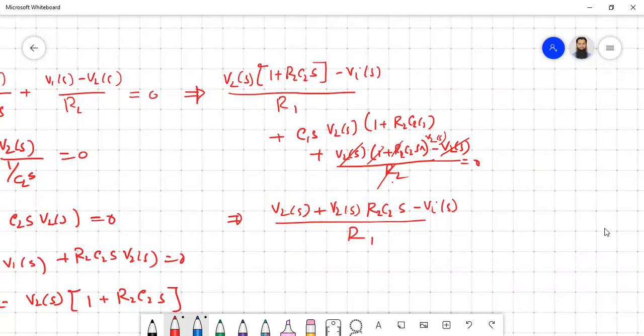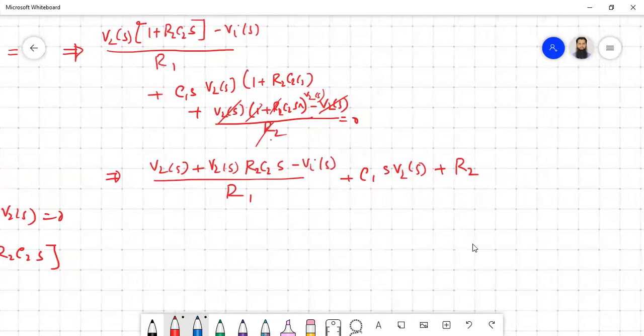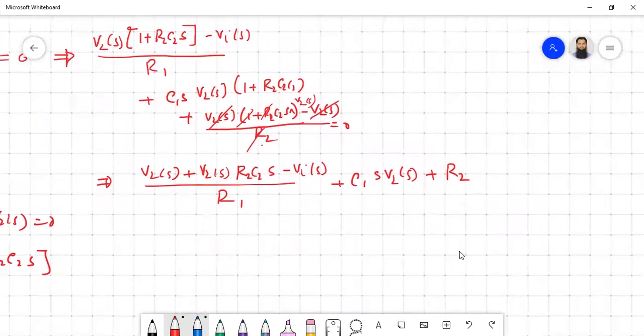Then you have plus C1 C1S V2S plus R2, just multiplying together in the second term. So what we will have is R2 C1 C2 S square, then V2S.